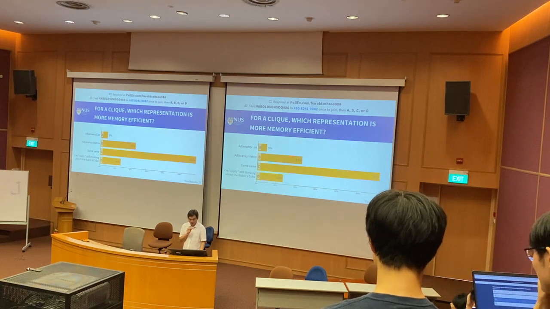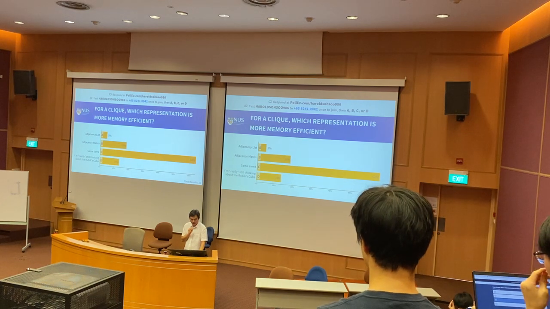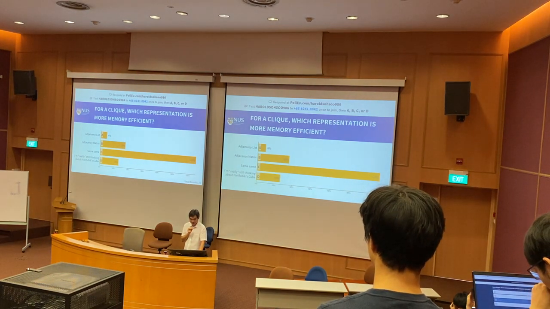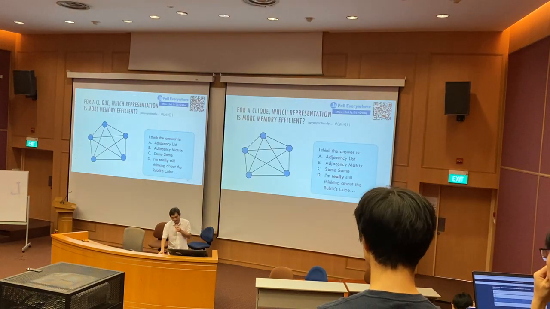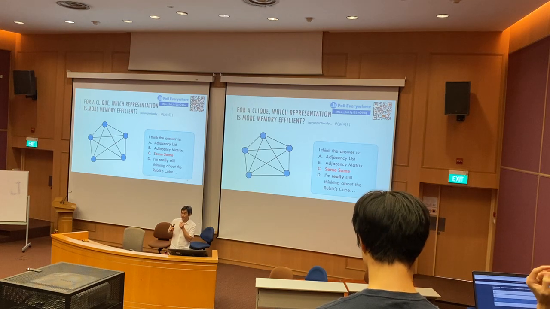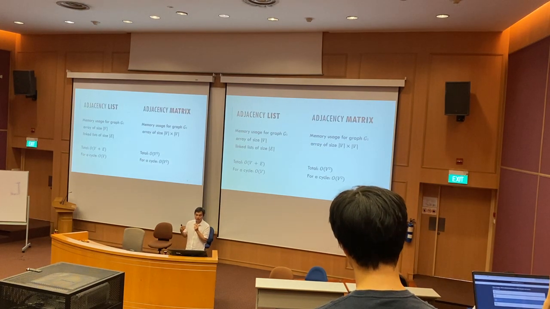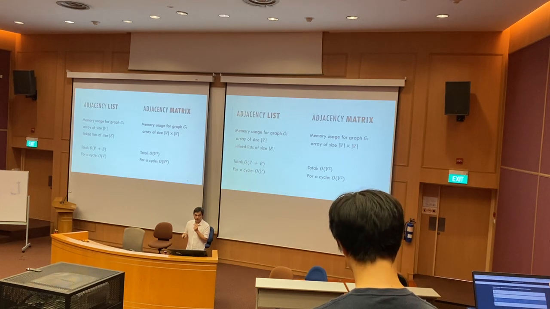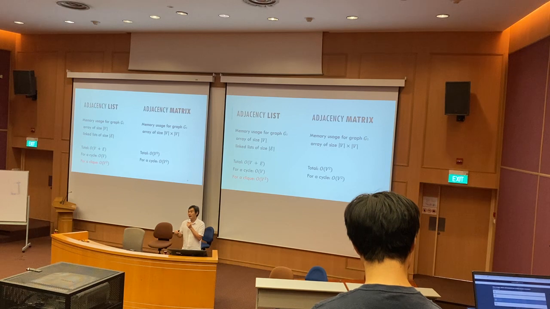Okay, so we have 22. Most people put same. Some people have put adjacency matrix, and a smaller number put adjacency list, and some people are asking which is correct. Okay, so the right answer is same, at least asymptotically. For a cycle it is O(V), but for a clique, you need to represent how each node is connected to all the others.